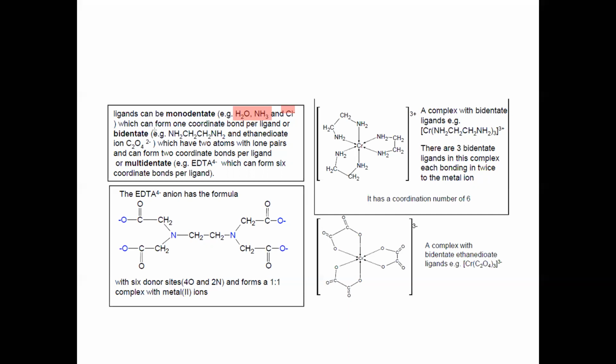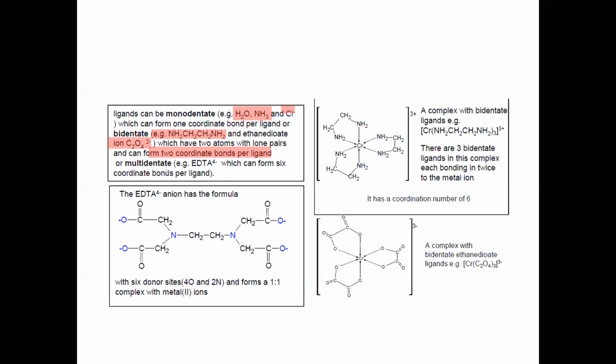Bidentate means can form two bonds, like ethane dioate. It has atoms with lone pairs and can form two coordinate bonds per ligand. One molecule can form two bonds.